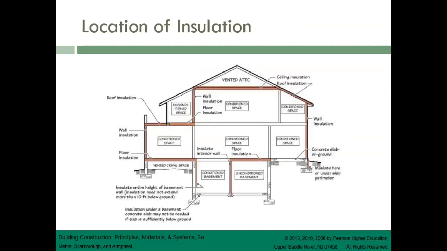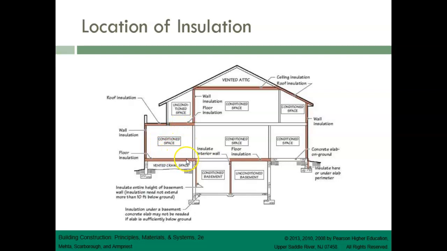Related to where we should insulate, the building envelope is basically located at this red line here. It's the part of the building or the structure that separates unconditioned space from conditioned space.